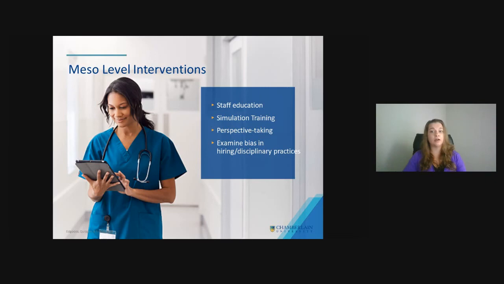Perspective taking and messaging are also important factors in implicit bias education. Once communities served by your organization are identified, you want to allow opportunities for colleagues to take the perspective of a member of that community. And this could be vignettes, videos, reading books, movies. The goal is to walk in their shoes.